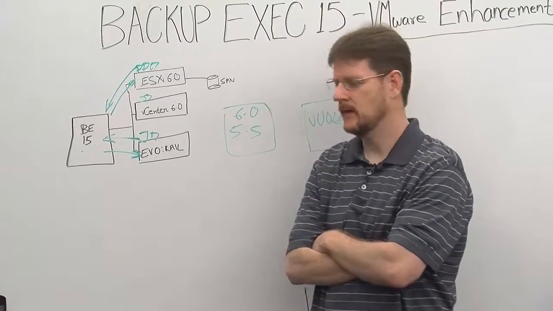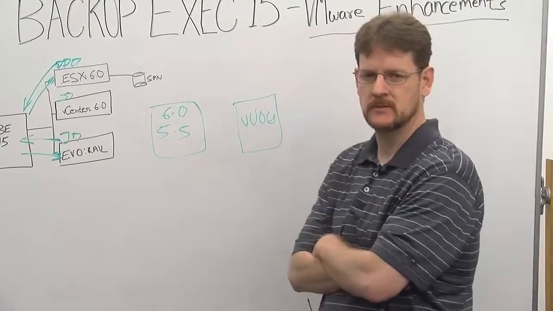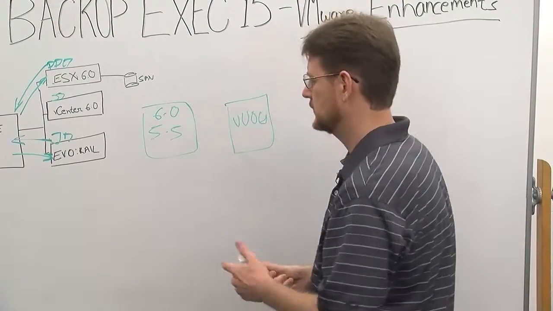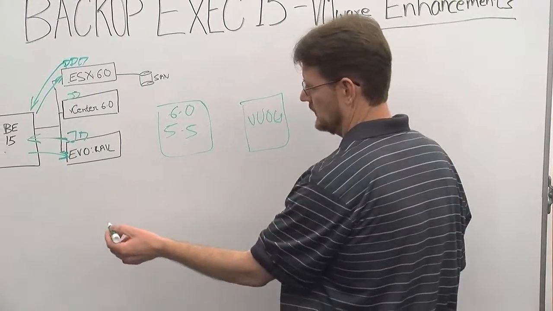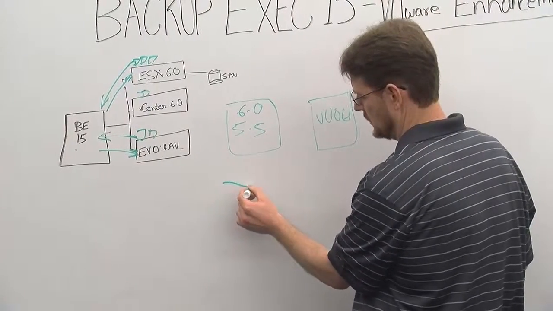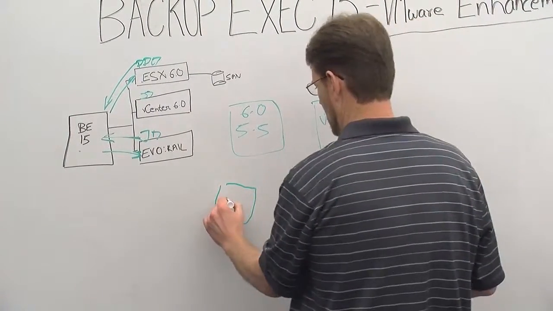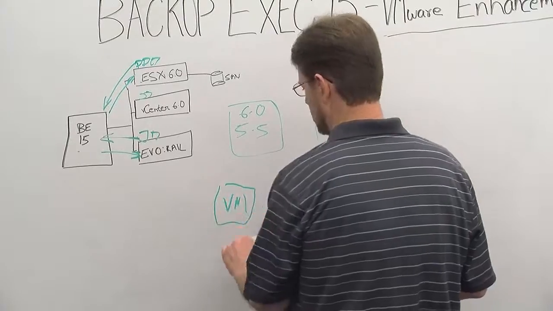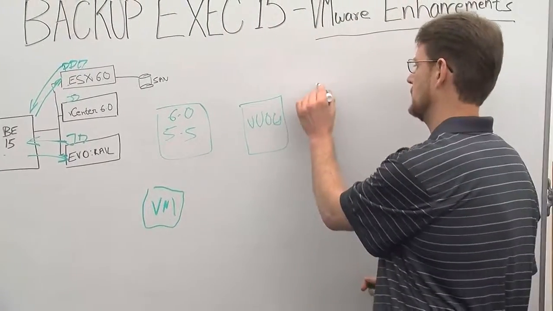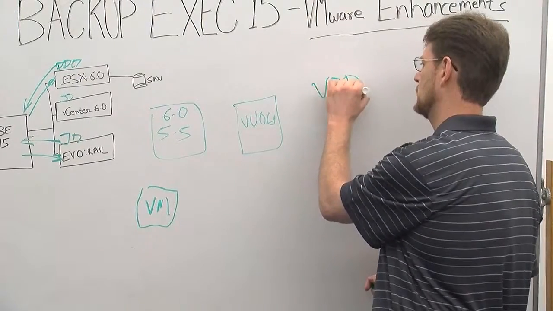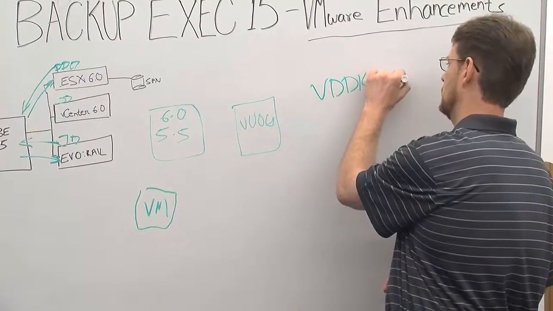Thanks, Varun. vSAN, vVol, ESX 6.0 is good stuff. Just a quick supplement of what Varun was talking about. So if you have a VMware 6.0 virtual machine, we have some enhancements for protection of that virtual machine that come as a result of our adoption of the VDDK 6.0 from vSphere.